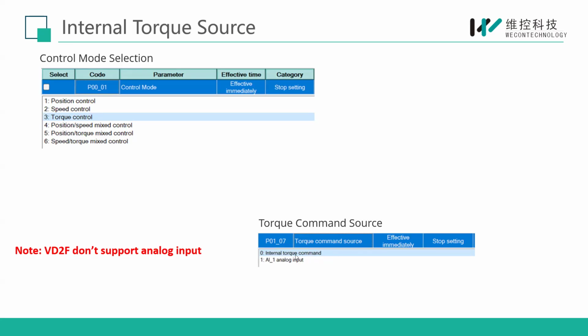Here we have two sources, similar to speed mode. The VD2 series servo doesn't support analog input, so we can only select 0, internal torque command, for the VD2 series servo.